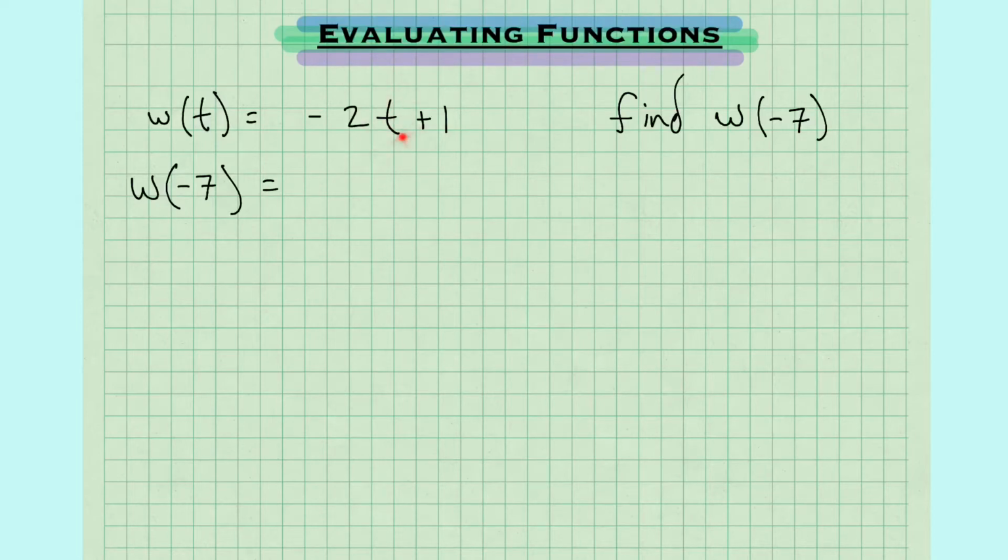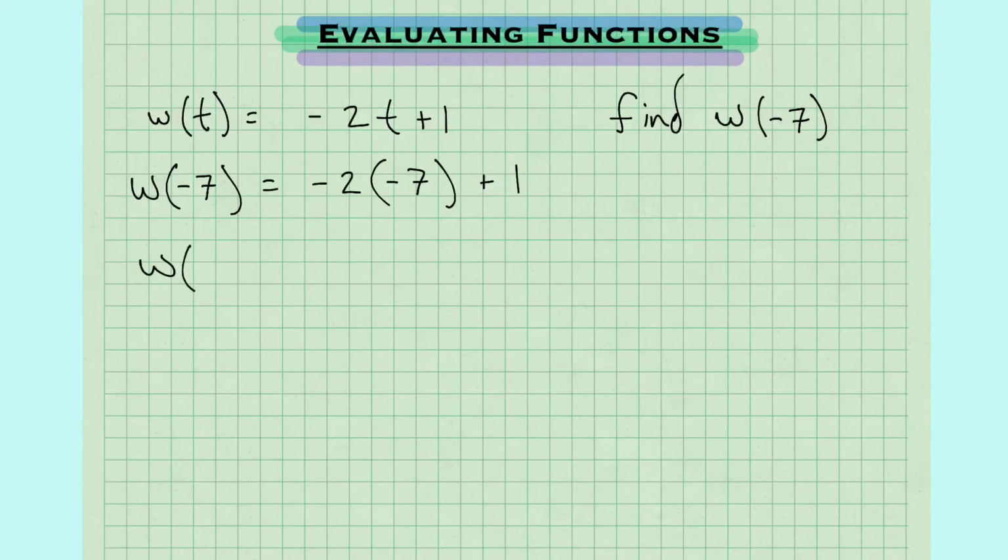So it's going to look like this: negative 2 times negative 7, plus 1. See, I just took this variable t and replaced it with negative 7. It helps to put these parentheses here so you don't make any mistakes.